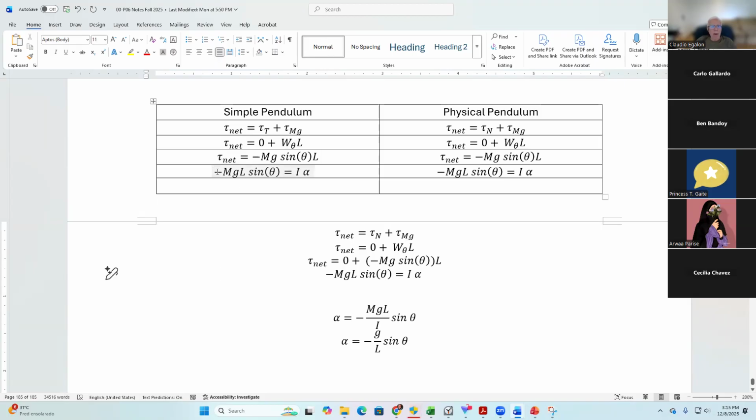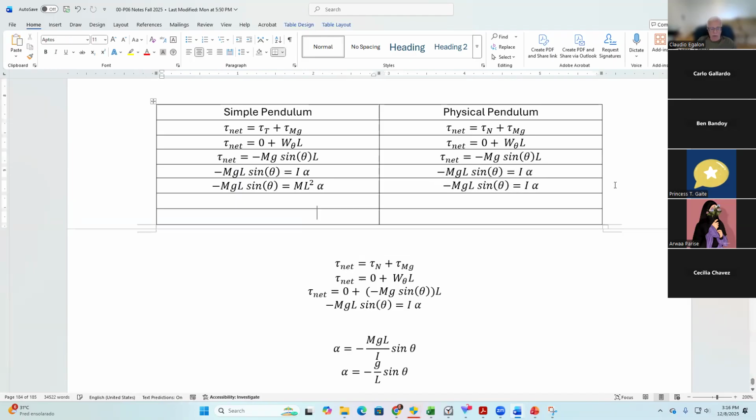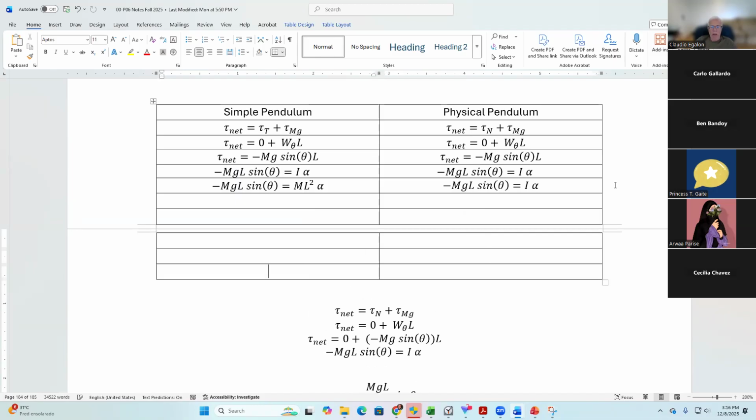The only difference is that the moment of inertia of a point particle is going to be ml squared, right? Here I don't change anything because it's a generic rigid body. With a generic rigid body, I just call its moment of inertia equal to I.